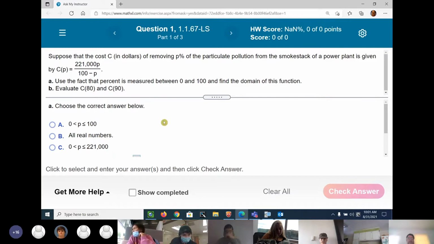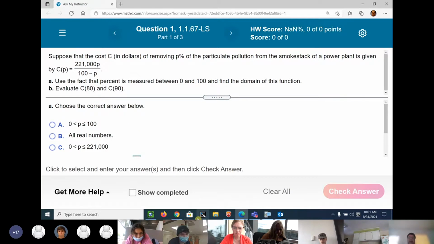That's A and B. Well, what number cannot be in the denominator? 0. So set the denominator equal to 0.